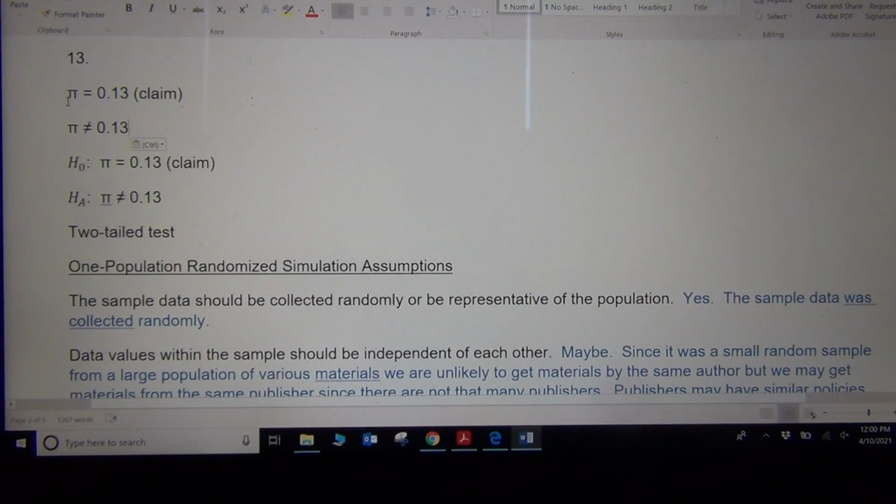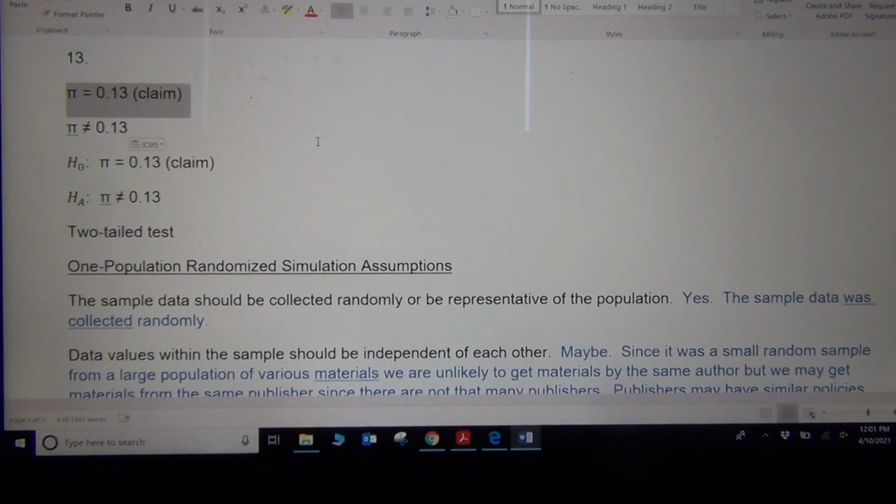Some textbooks use pi. The old books use pi. Some newer books use p for population percentage or population proportion. So pi equals 0.13 is my claim. So I wrote that down right here. See, pi equals 0.13. Again, write down your claim. Don't get in a hurry to write down the null and alternative, H0, HA. Always start with your claim.